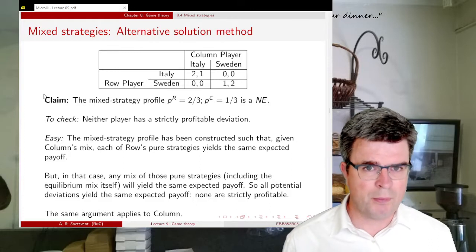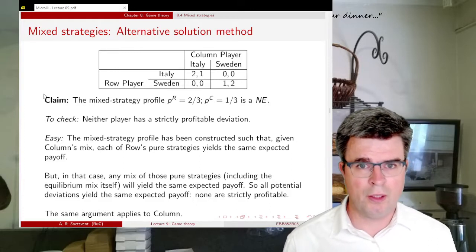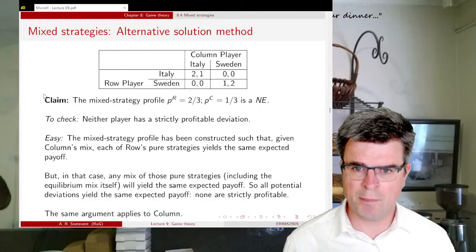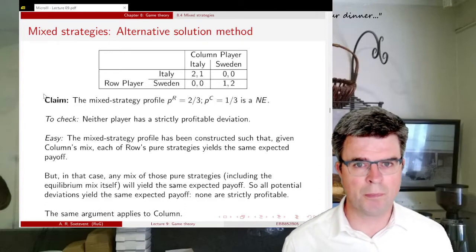And being indifferent means that they lead to the same expected payoff in equilibrium. And the same argument applies to the column player.